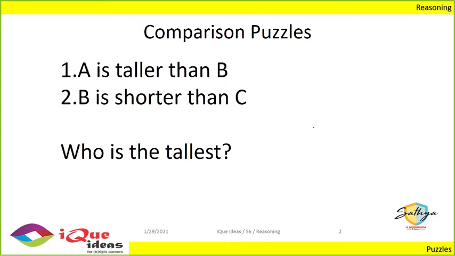Few of you are getting it wrong, but the majority is getting it right, and I'm happy to see that. Okay, so let us see, how do we represent this? Either I can say A is taller than B using the mathematical symbols, or I can simply represent it visually.